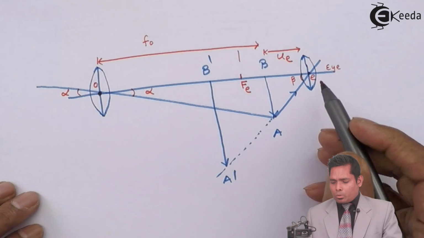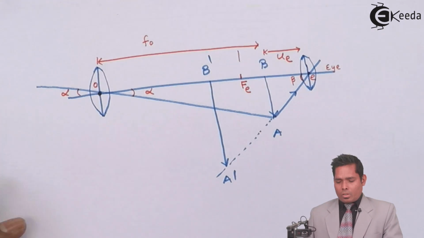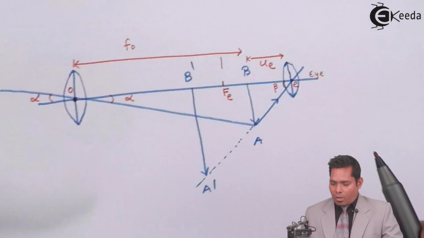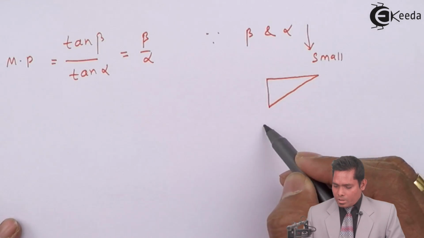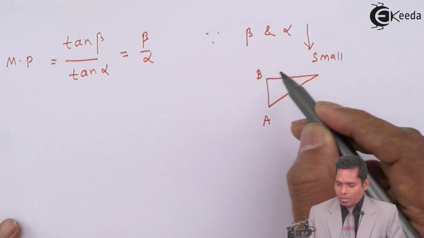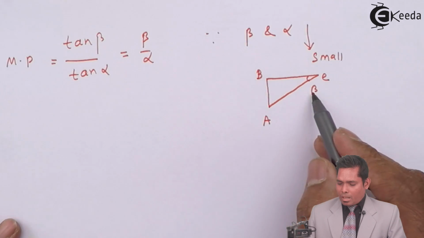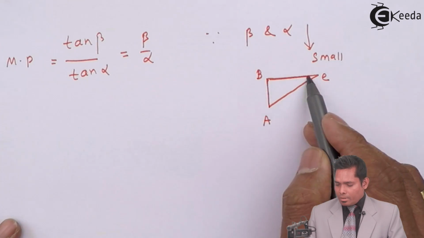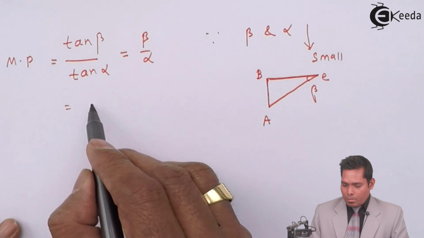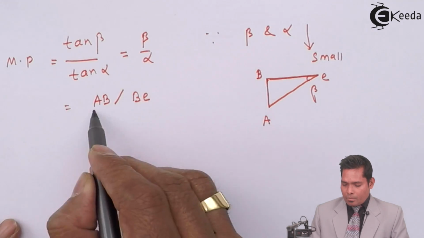So with respect to those 2 points, if I consider this triangle ABE, then if you draw this triangle ABE here, this is A, this is B, this is E, this angle is beta, so tan beta will be the perpendicular upon the base. So this will be AB divided by the side BE.